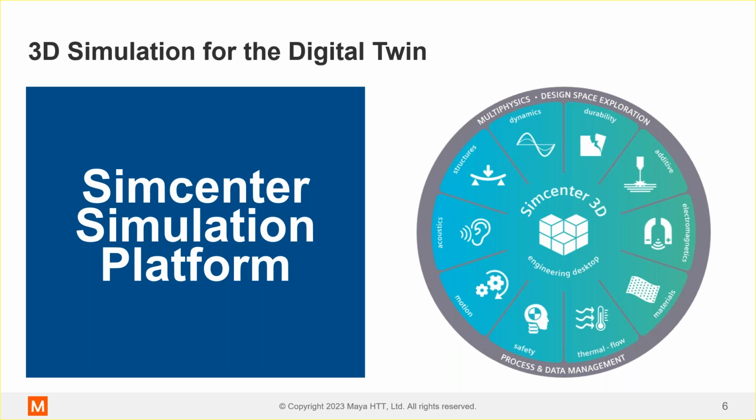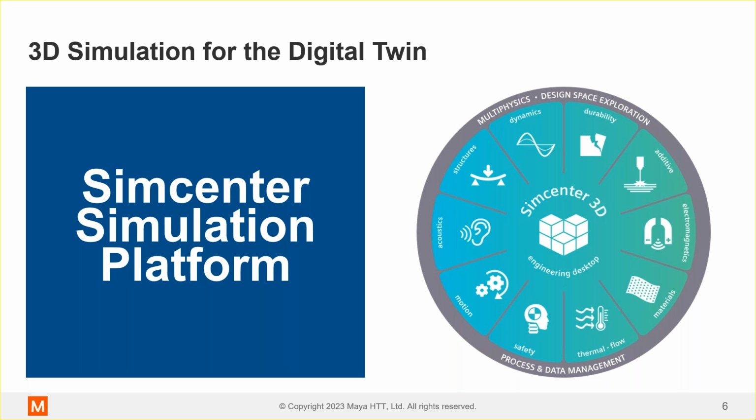So to introduce the platform of tools that we're using today, we're primarily going to be using the Siemens Simcenter simulation platform. This is a collection of tools, the centerpiece of which is called Simcenter 3D, but it also includes a number of other simulation tools. And this just allows us, as a family of tools that work together, to easily integrate our designs, moving from one phase to another, from one physics domain to another.